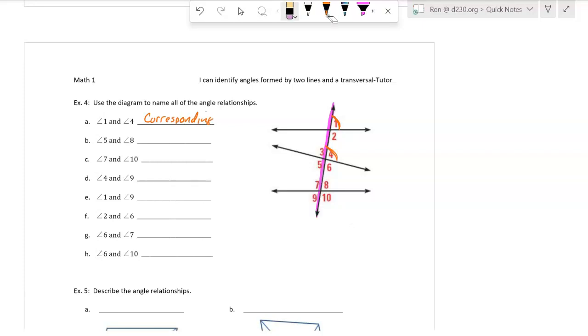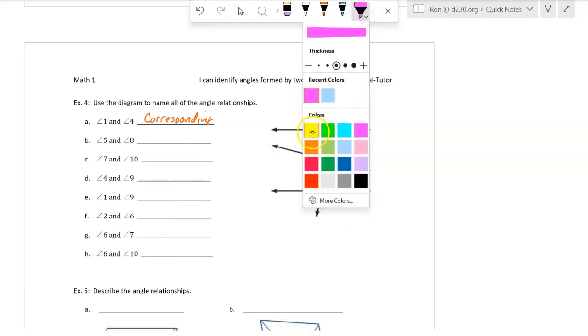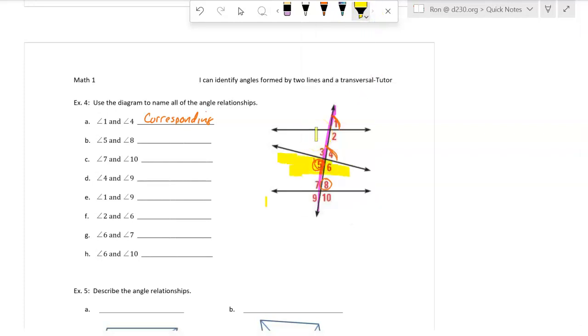angles. Okay? So now when I look at 5 and 8, here's 5, here's 8. Now again, here's my transversal. 5 and 8 are on the opposite side of the transversal, and if I look at both of those, they're in between these two lines, so they're interior.